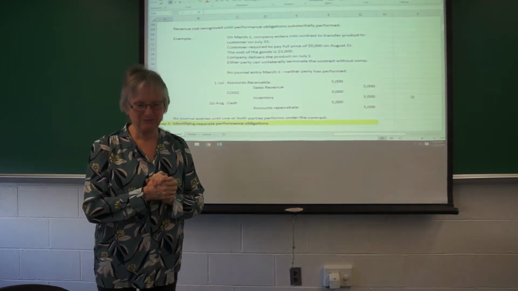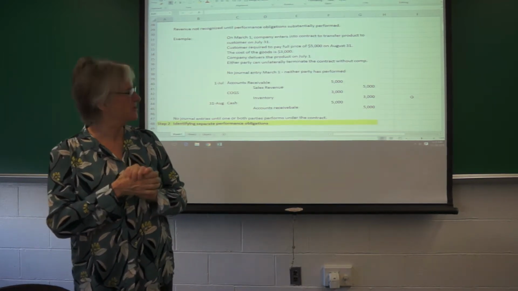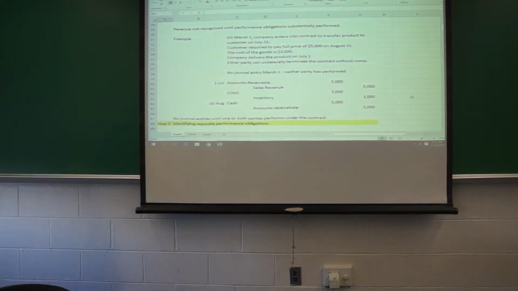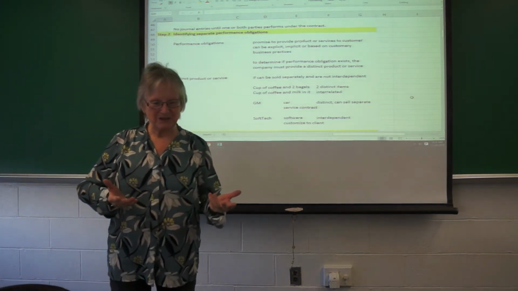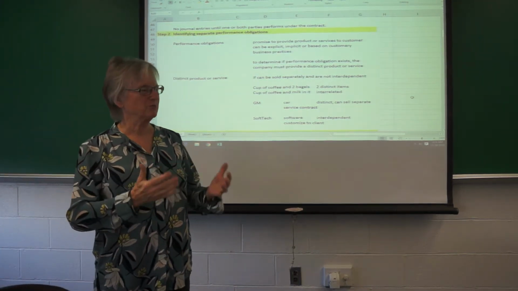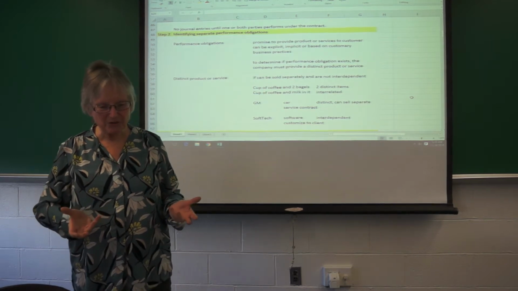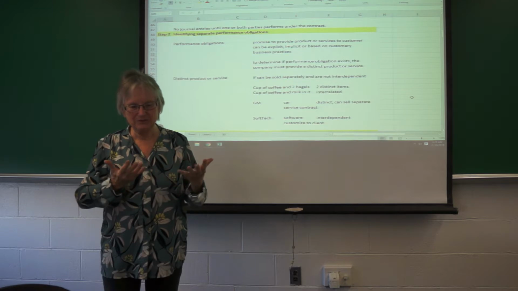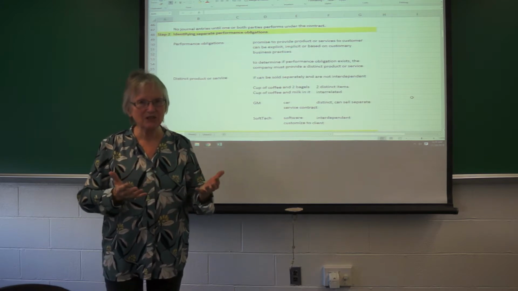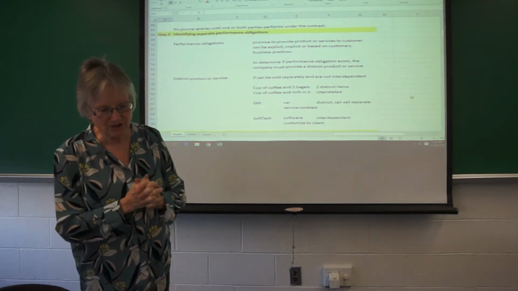Step 2, identify the separate performance obligations. So this is nothing new here. This is strictly review. The performance obligation: you promise to provide a product or service, and it has to be distinct if it's going to be a separate performance obligation.